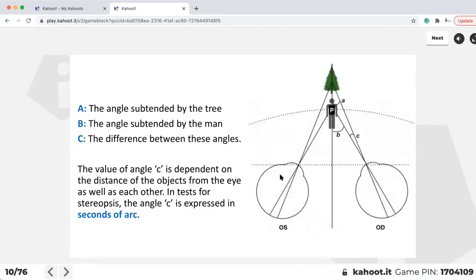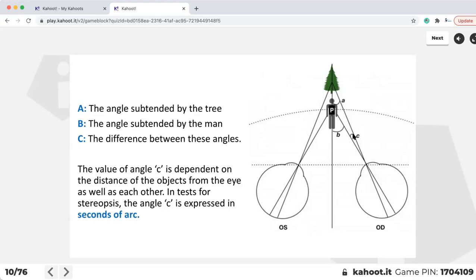Let's assume that both eyes are looking at this man and this tree, and they are separated from each other. We want to appreciate the depth, that the man is closer than the tree. So how does the eye assume that? The eye has an angle. Angle A is the angle subtended by the tree, and angle B is the angle subtended by the person, and the difference between both of them is called angle C. This is called the angle of stereopsis, and it is expressed in seconds of arc.